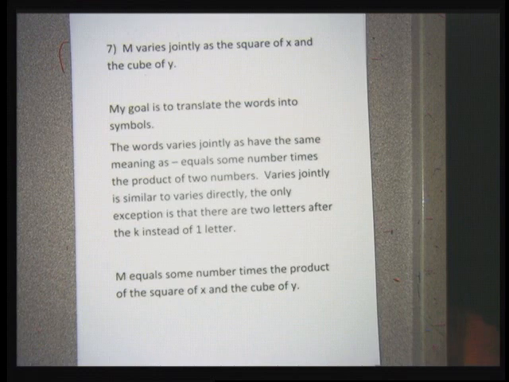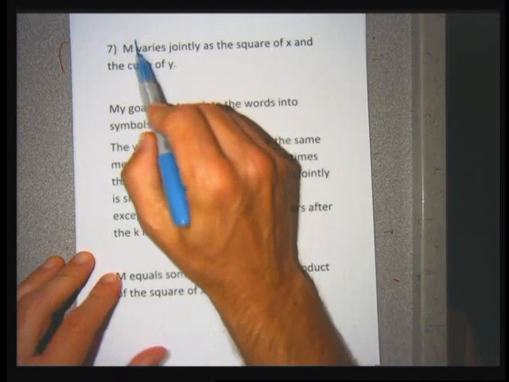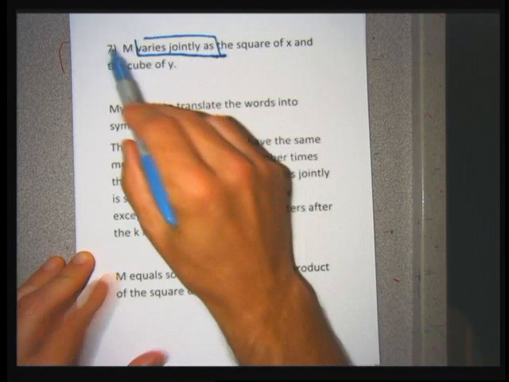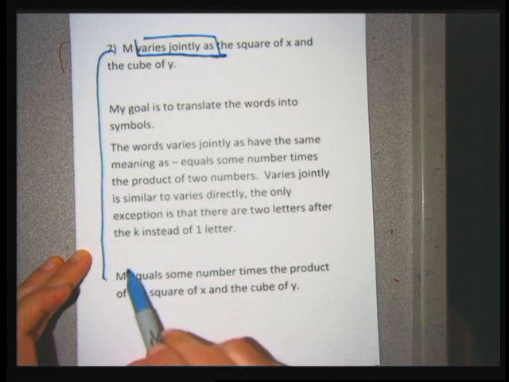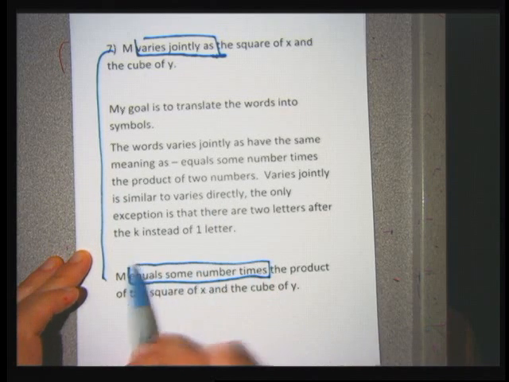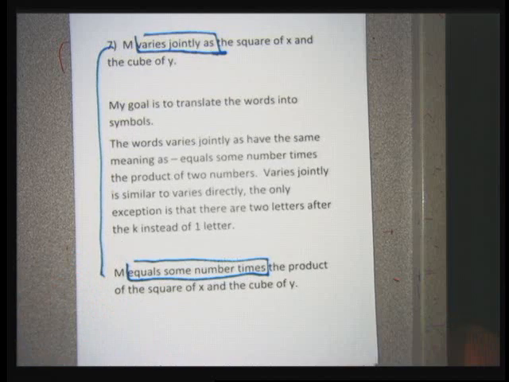In directly you only have one letter after the k, and in jointly I'm going to have two letters after the k. So immediately I looked at the problem, saw the word varies and jointly, and I knew that varies jointly is still some number times, but instead of one letter after the k, I need two.